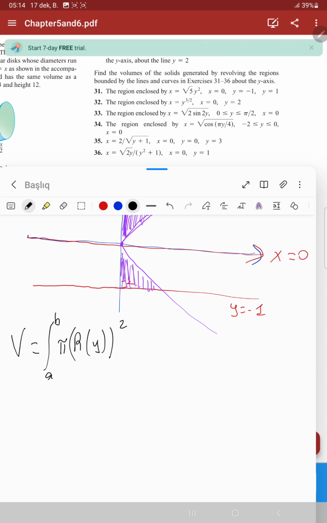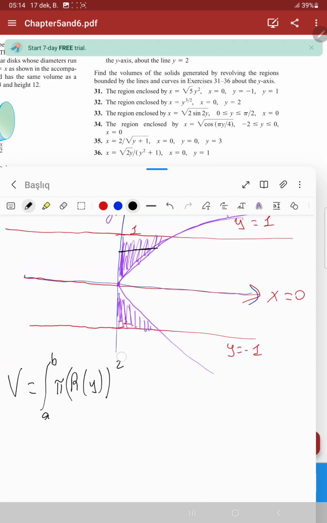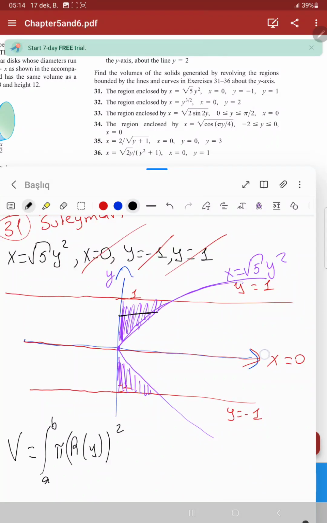By the way, you may ask why you used this formula. When you draw the graph, please think like that. When I rotate this area, what will I get?